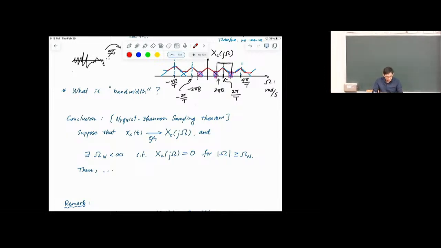We'll see this more. Then what happens? What's important is what comes after. Then xc of t is uniquely determined by its samples.